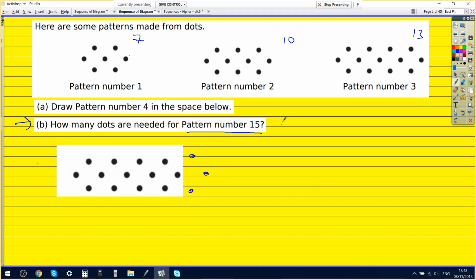Yeah, and what might help is if you make it look like the other ones. So basically, let's make it easy. You said the first one has 7 dots, then it's 10, then it's 13, and then it's 16. Any idea how you could use that to work out pattern 15? How many dots will be in pattern 15?